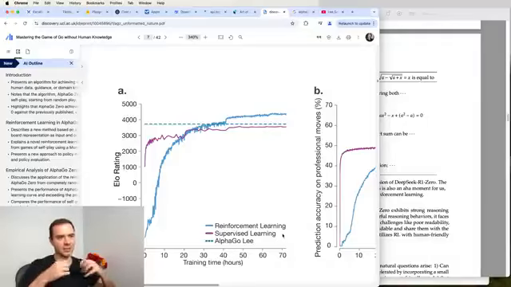So if you get a huge amount of games played by expert players in the game of Go and you try to imitate them, you are going to get better, but then you top out. And you never quite get better than some of the top players, like Lee Sedol. You're never going to reach there because you're just imitating human players. You can't fundamentally go beyond a human player if you're just imitating human players.